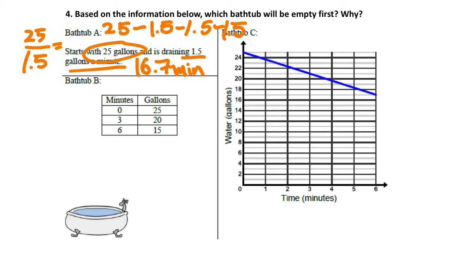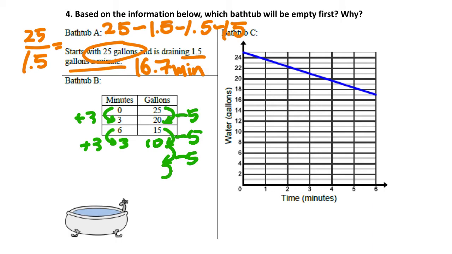Let's look at bathtub B. So we see it looks like every 3 minutes, it's going to drain off 5 gallons. So right here at 6, we'd say, well, add another 3 minutes. That should be minus 5 right there. And then take off another 5 gallons, so that'd be 10 gallons.